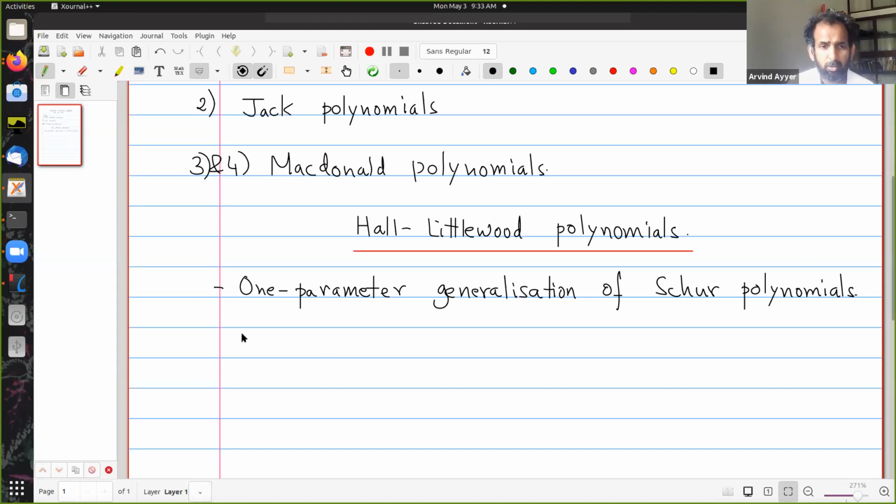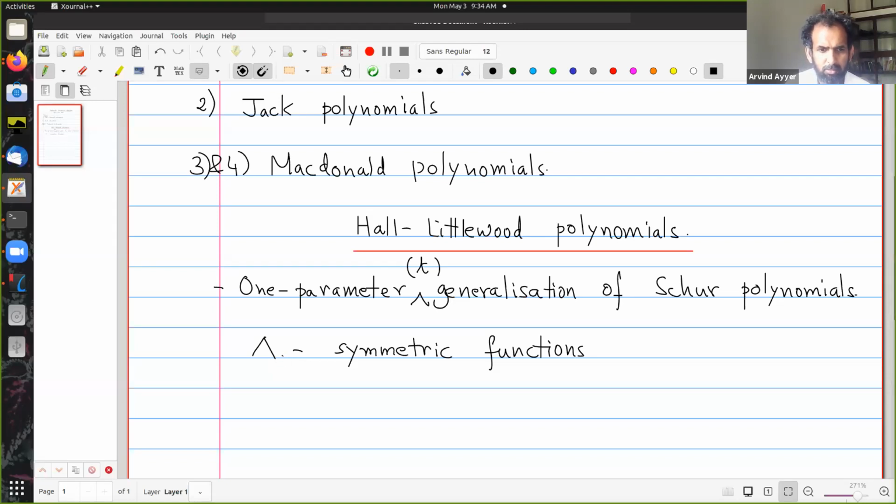This parameter is typically denoted t. Recall that I'll use lambda for the space of symmetric functions over some coefficient ring or field.